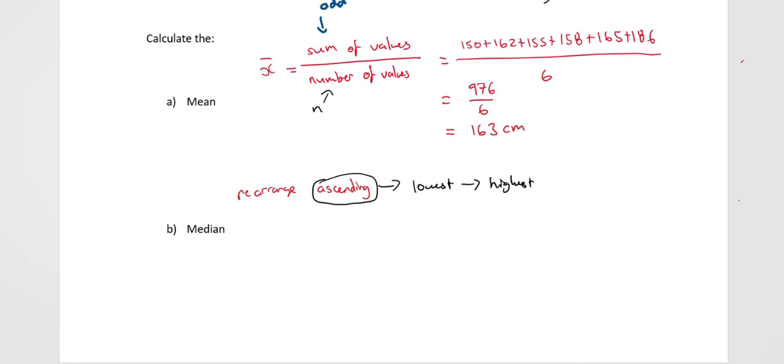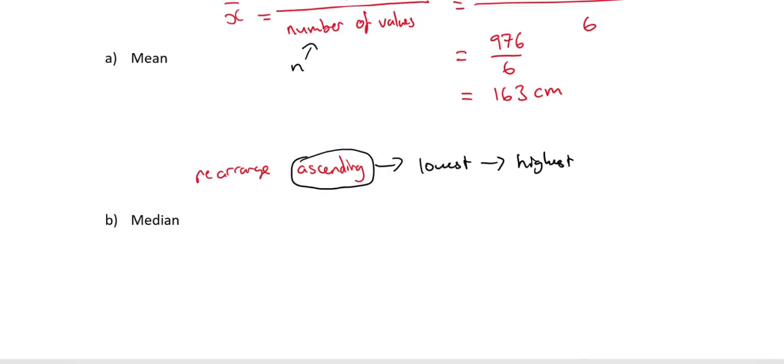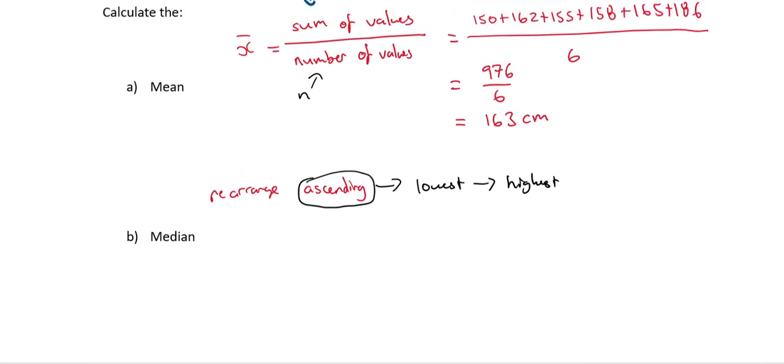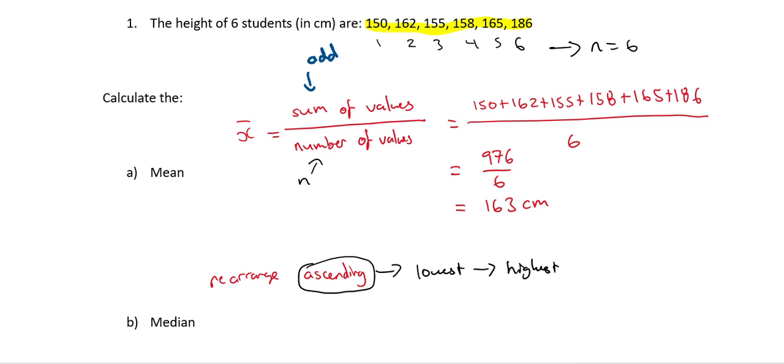So just have a look at your data values. Oh, I screwed this up. You just want to go into order: 150, 155, 158, 162, 165, and then 186, just like that.